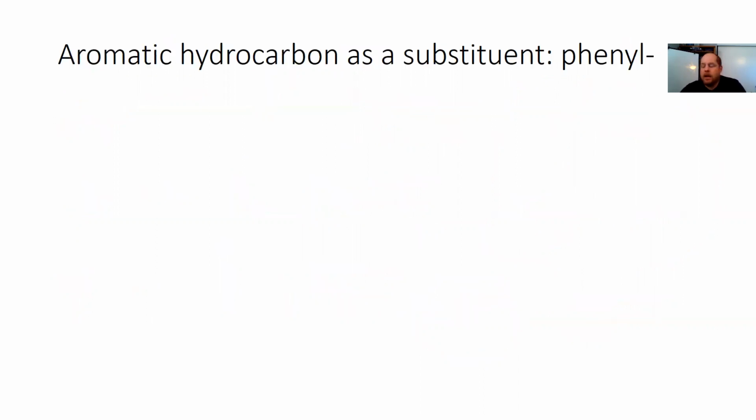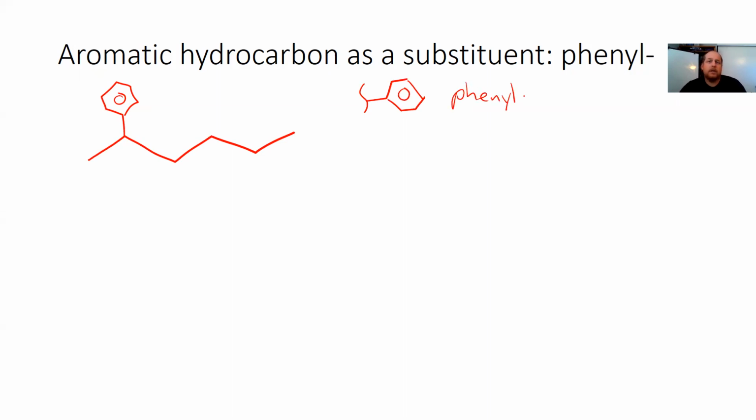Okay. The other thing you'll see is a benzene as a substituent. For example, you could have some long molecule like this, and you could have a benzene coming off of it. When you have a benzene as a substituent, we call that a phenyl group or a phenyl substituent.